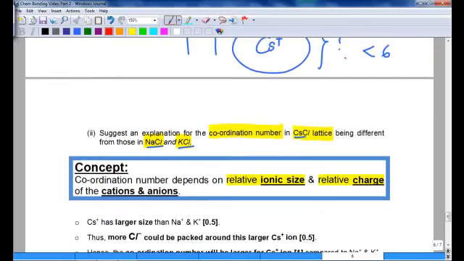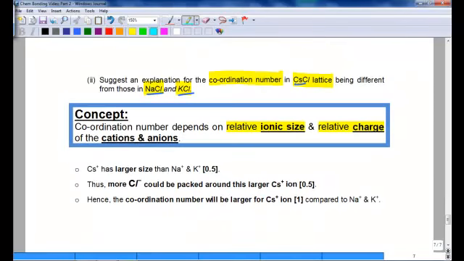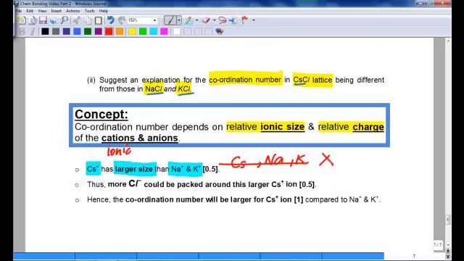Based on this, let's check. Your answer should be Cs+ has a larger size than Na+ and K+. Please do not put Cs, Na and K in your answer because they are wrong. Take note that you are talking about ionic compounds, so you should specifically mention the positive charge.